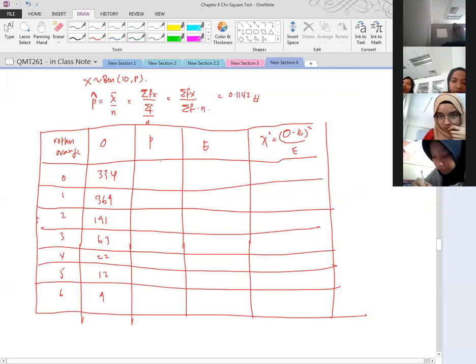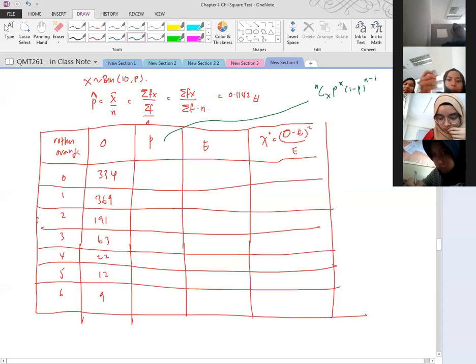So for the value of probability, we need to apply the probability distribution function for the binomial distribution, because we are testing for a binomial distribution. So n choose x, p to the power of x, and 1 minus p to the power of n minus x.